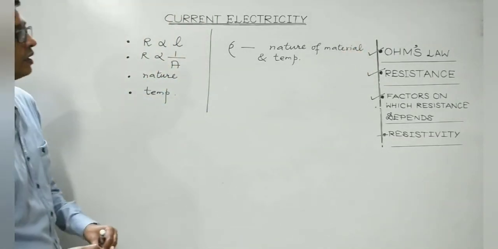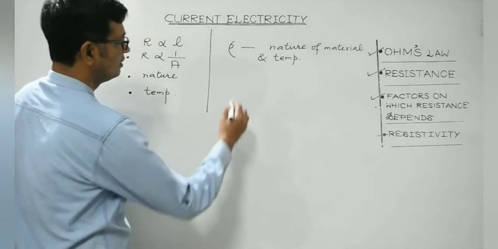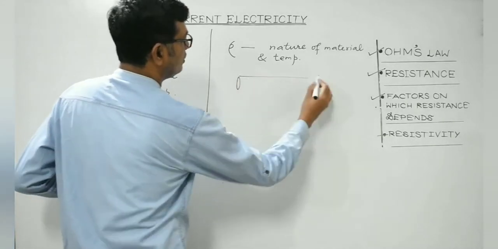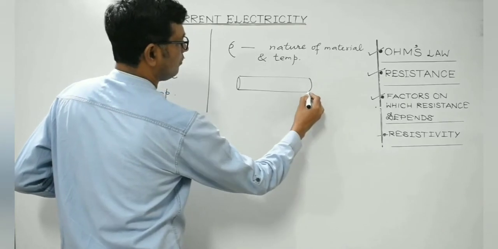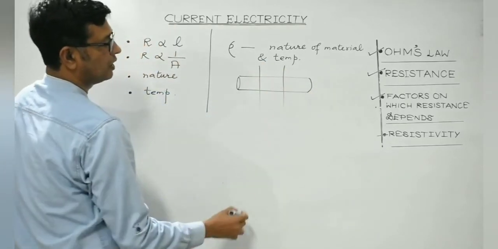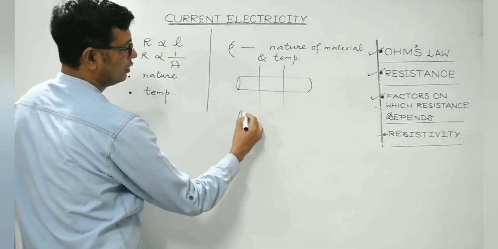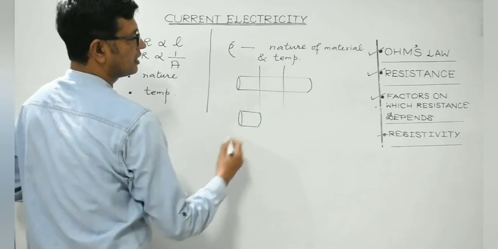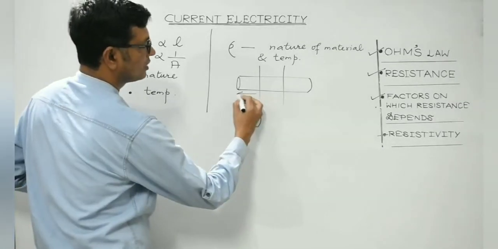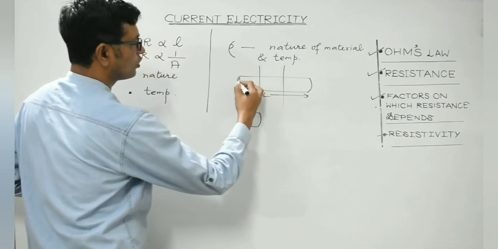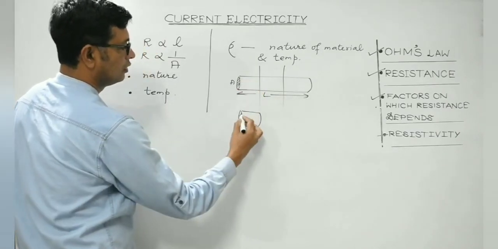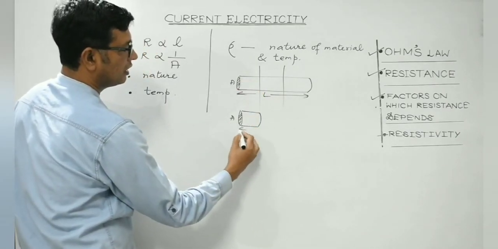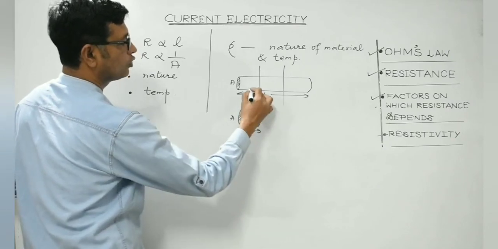Right? So what I mean to say is that, suppose this is a conductor and it is cut into 3 equal parts. Like this. Suppose its length is L. Its cross-sectional area is A. So this is A and this will be L by 3. It is cut into 3 equal parts.